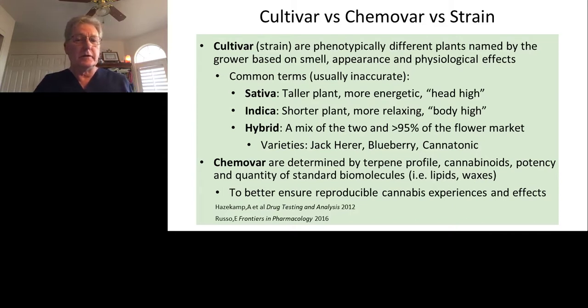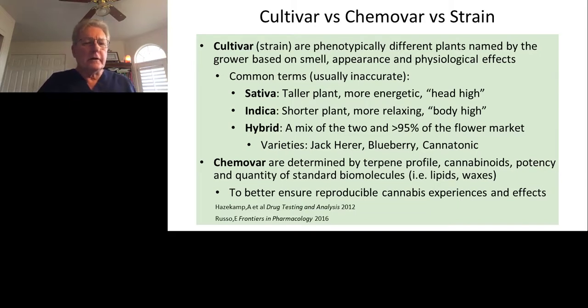Sativa, typically a taller, skinnier plant, and the physiologic effects are described as more energetic and giving someone a head high if they're consuming THC. Indica is a shorter, squatty plant, broader leaves, and generally gives an effect of being more relaxing and more of a body high.